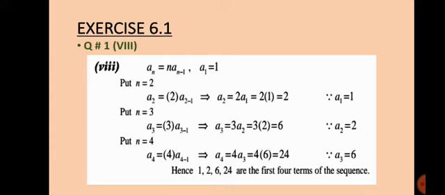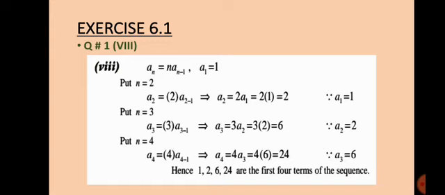2 ones are 2. So in this way we have calculated the value of a2. By putting n is equal to 3, a3 is equal to 3 into a_(3-1), so a3 is equal to 3a2, and the value of a2 is just above, it's 2. So 3 into 2 is equal to 6.